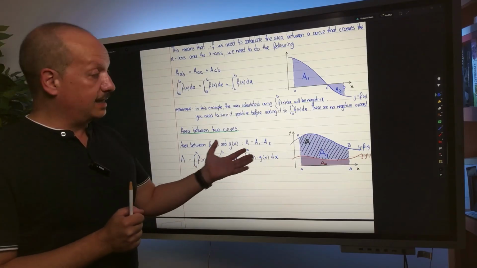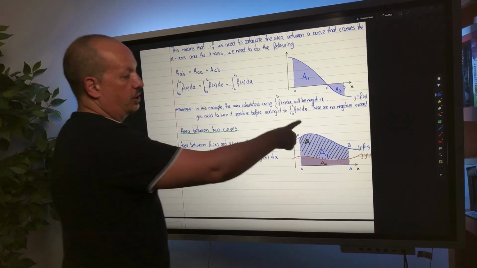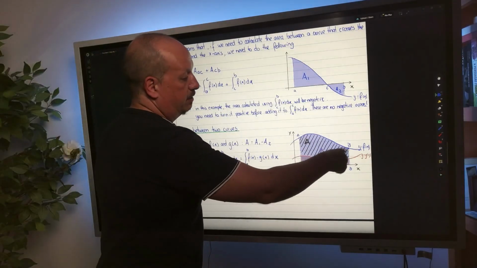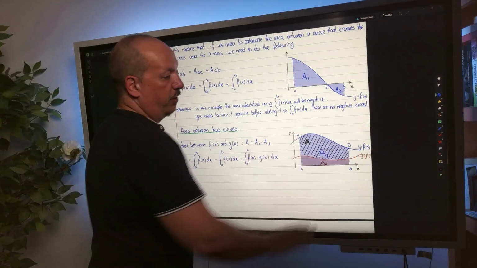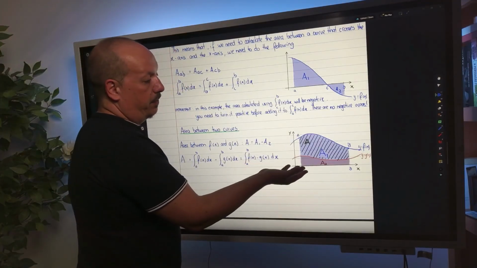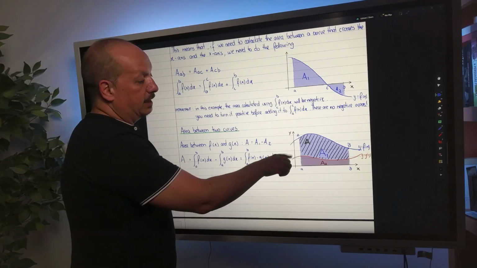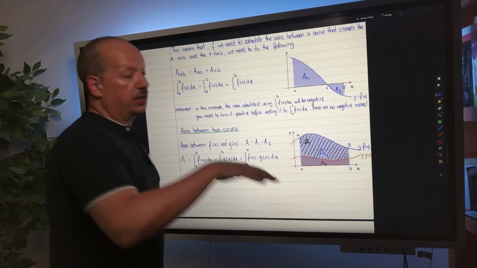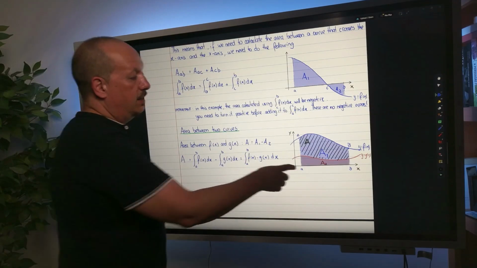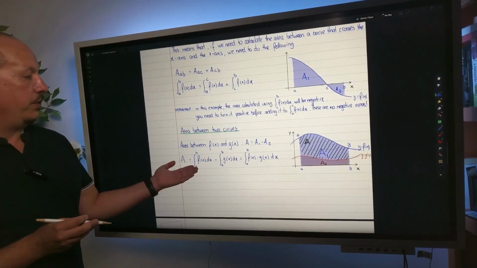That's the same thing you have to do here. So the concept is: calculate the area underneath the biggest function, the one that is higher above the x-axis, then calculate the area of the function that is closer to the x-axis, and subtract the latter from the first. That's what I have over here.